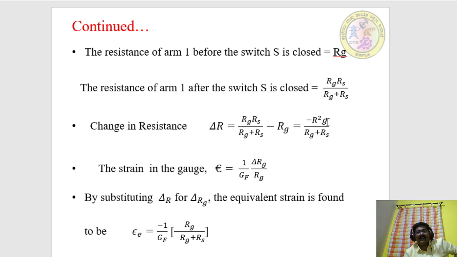When I simplify it, it is minus Rg squared divided by Rg plus Rs. Now the strain in the gauge, epsilon, is equal to 1 by gauge factor into delta Rg divided by Rg. By substituting delta R for delta Rg, the equivalent strain is found as epsilon E equals minus 1 by gauge factor into Rg by Rg plus Rs.